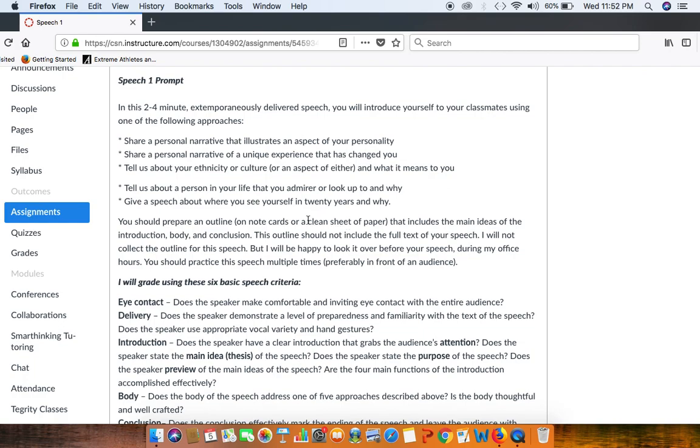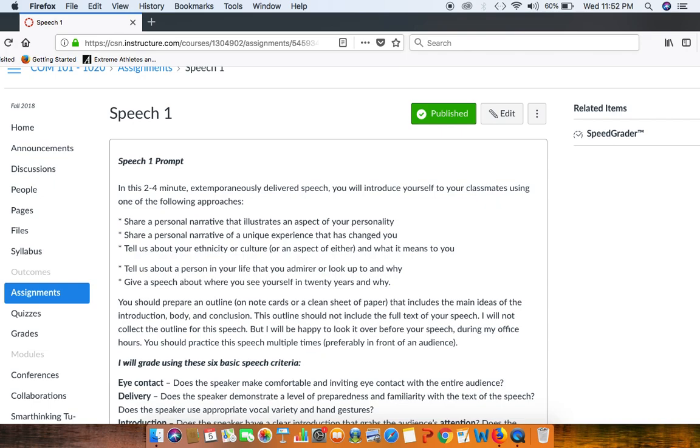I think the clean sheet of paper I would not do. It's bulky, it's ugly to hold a piece of paper. So please have outlines on note cards. Notes on note cards. 5x3 is good. 5x7 is also fine, but not a big sheet of paper. Okay, so that's what I'm looking for in speech 1.